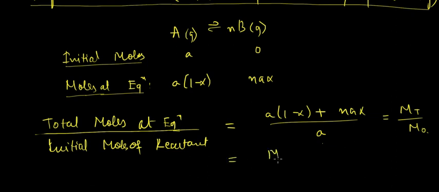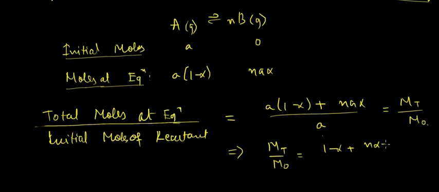So MT by MO, the ratio would be 1 minus alpha plus N alpha, or you can write it as 1 plus (N minus 1) alpha.